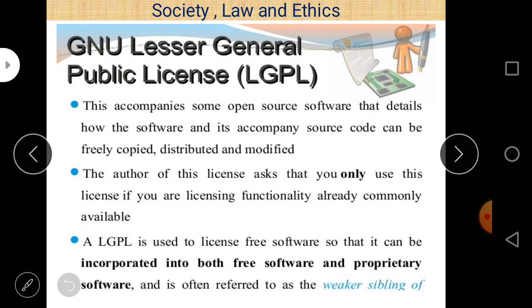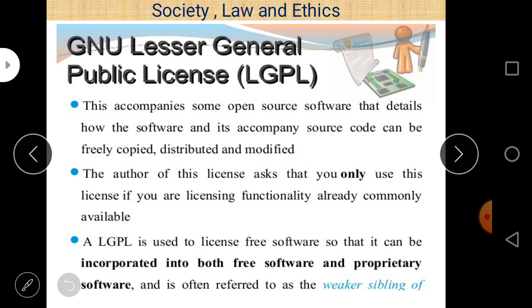Because it offers lesser rights to a work than the standard GPL license, that's why it is called the Lesser General Public License. So the difference between General Public License and Lesser General Public License is that LGPL offers lesser rights to a work than the standard GPL license.